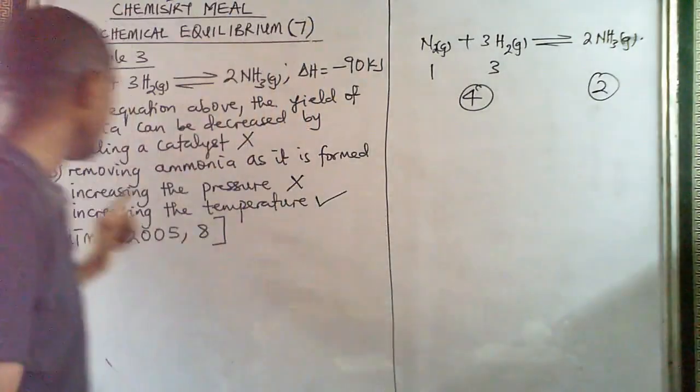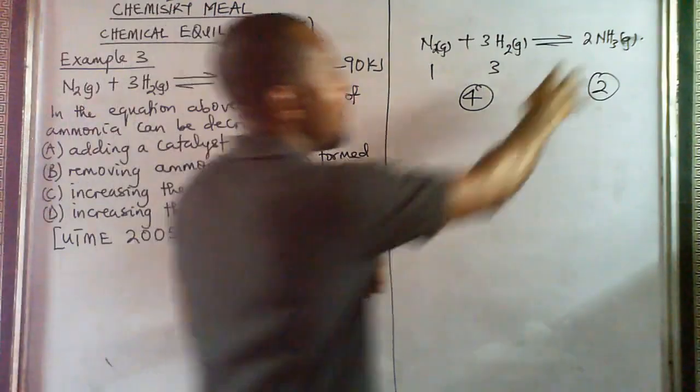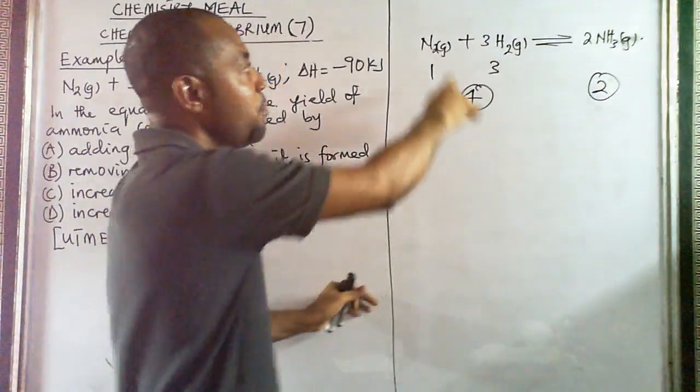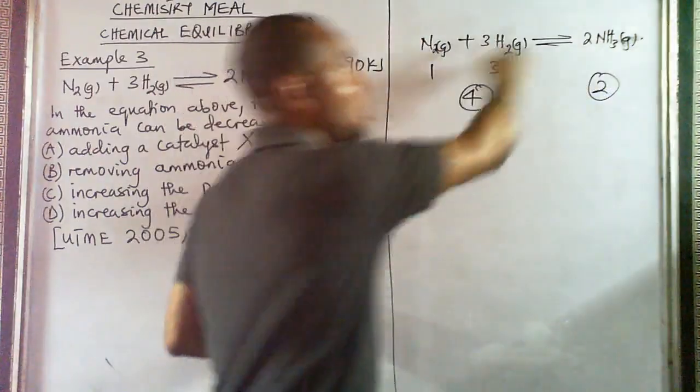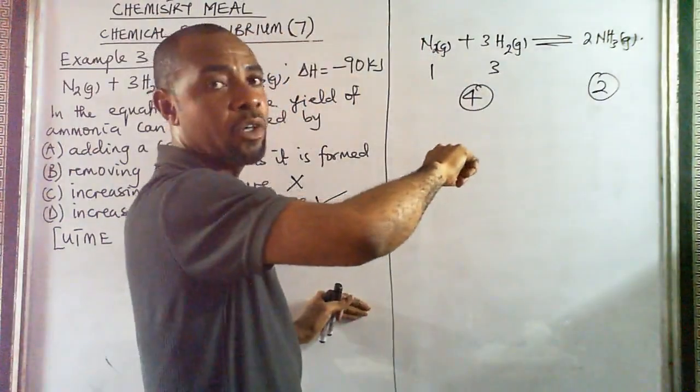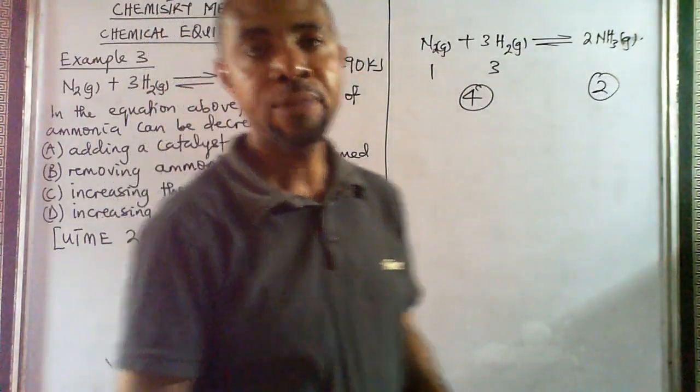So if we are removing ammonia as it is formed, once we form ammonia, we take it out. It will make these 2 react to replace it. So the forward reaction will be favored, giving rise to more ammonia. All right.